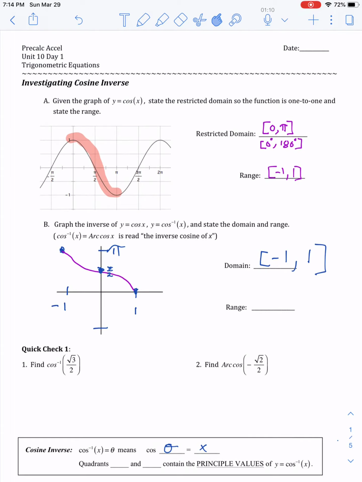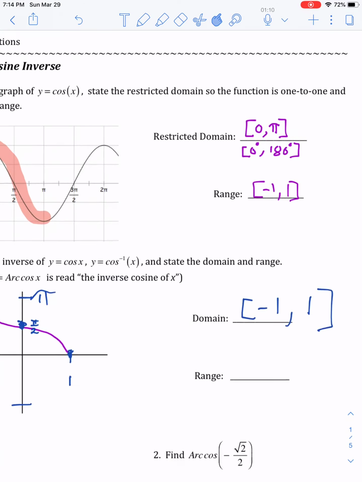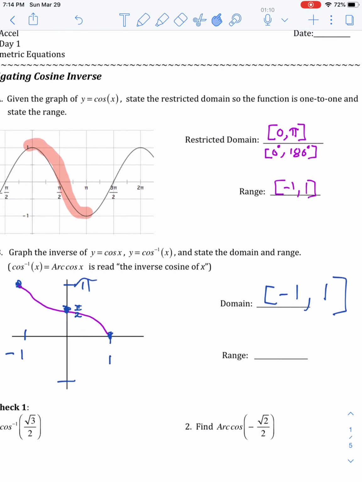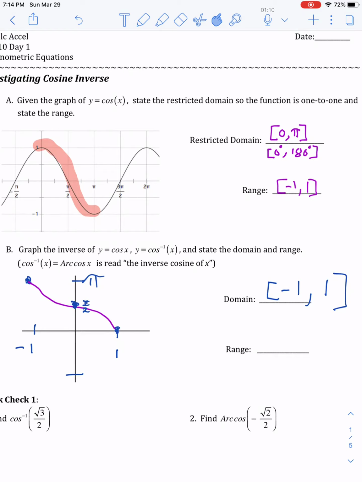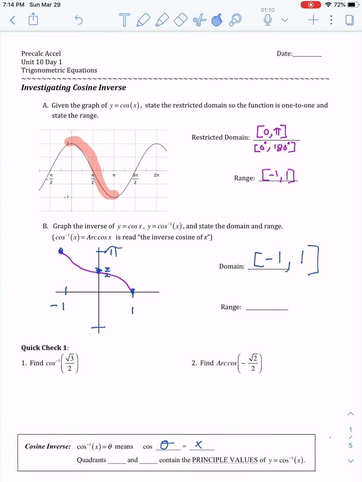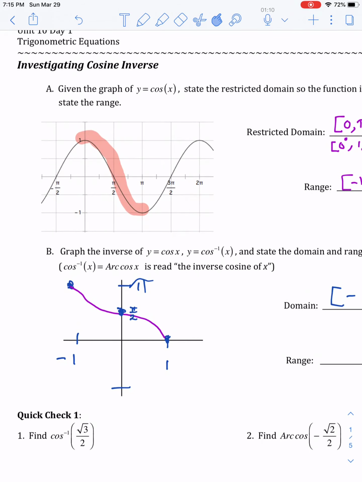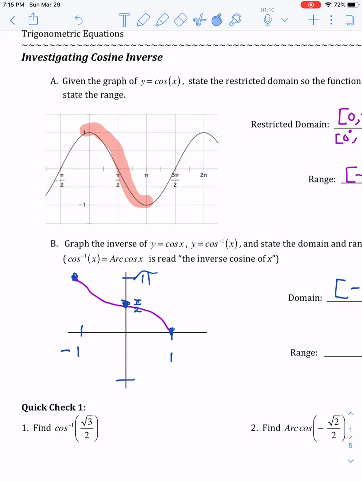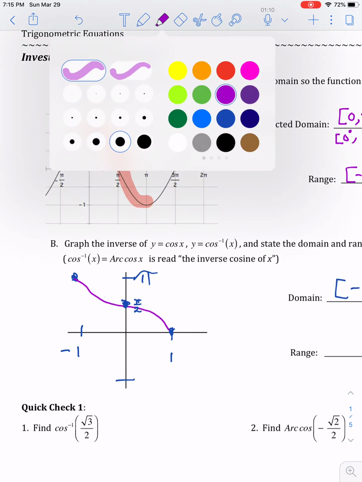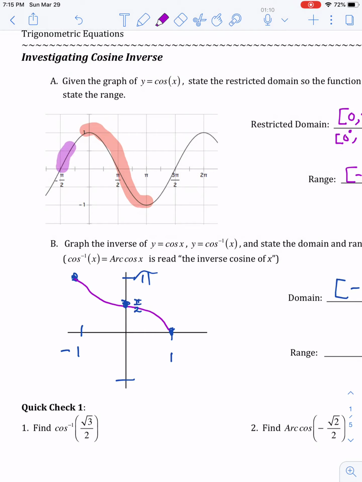The restricted domain for cosine is going to be from 0 to pi, which is different than sine. In sine, we went from negative pi over 2 to pi over 2.